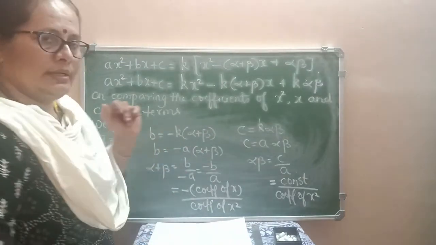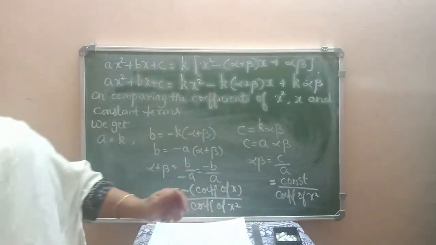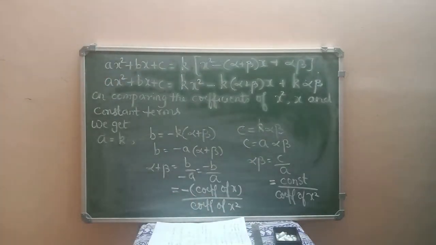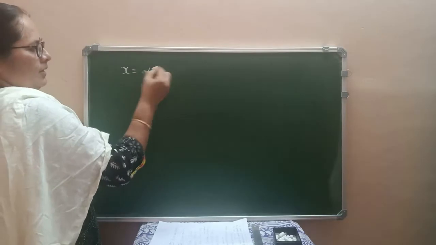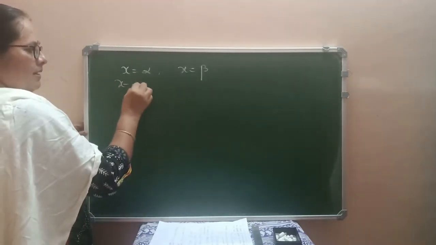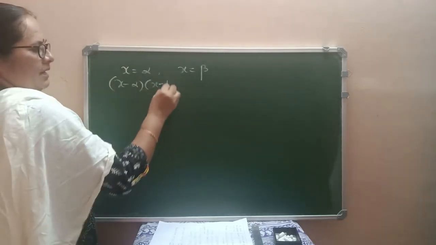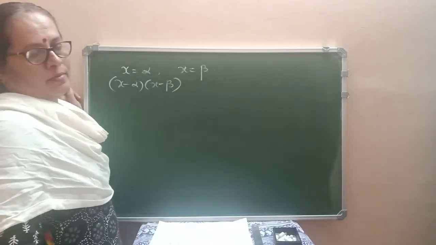One zero is alpha and the other zero is beta. So x equals to alpha and beta are the two zeros of the polynomial. It means x minus alpha and x minus beta are the two factors of the polynomial.